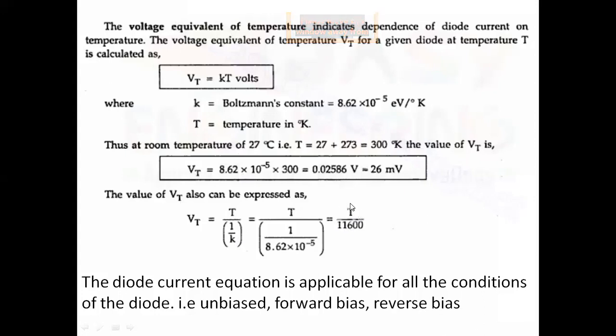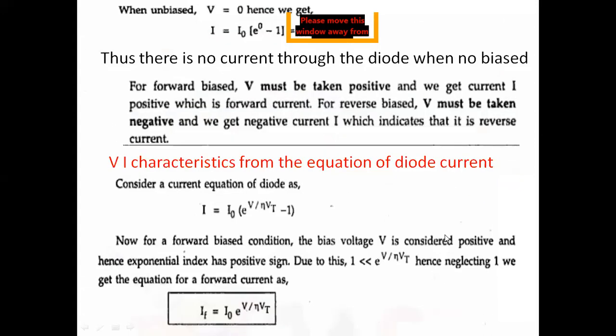Just substitute the temperature in Kelvin and you get the Vt for that temperature. This diode equation is applicable for the unbiased condition, forward bias condition, and reverse bias condition. So in the three cases, we can apply this diode equation.